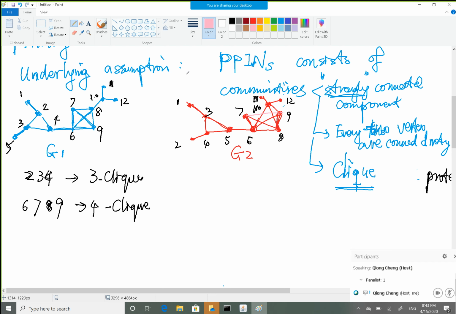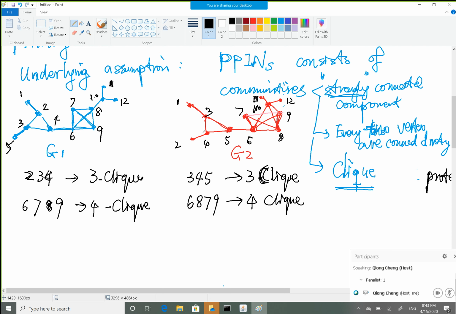Then they also have 3, 4, 5, which corresponds to this part, a three clique. Using 3C saves our time. And on this side, you have 6, 8, 7, 9, which goes to the four clique.